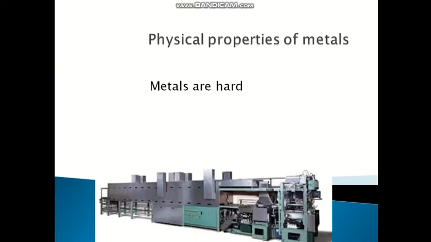Students, what are the physical properties of metals? Physical properties of the metals are the external appearance of the metals. The first physical property: metals are hard. By looking at the image, you can see that they have used iron metal since it is heavy.